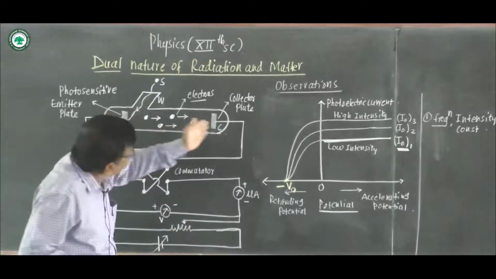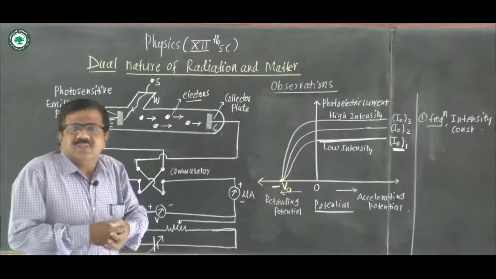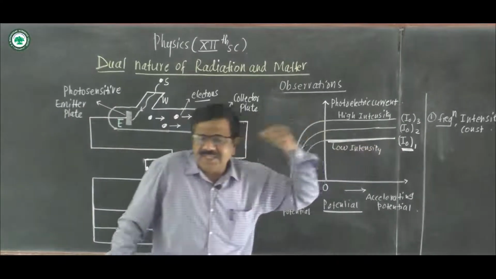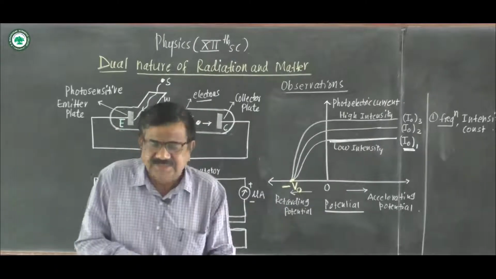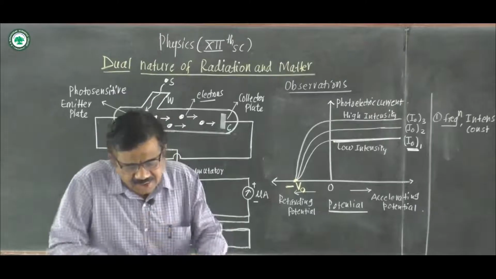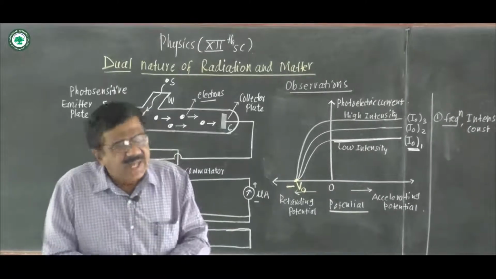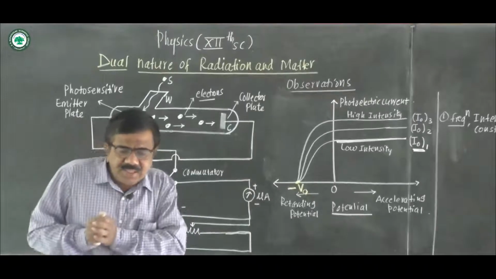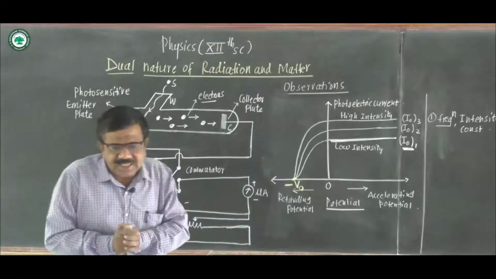Already all the electrons are collected by the collector, so the photoelectric current remains constant at this value, and we call it the saturation current. This saturation current depends on the intensity of incident radiation.